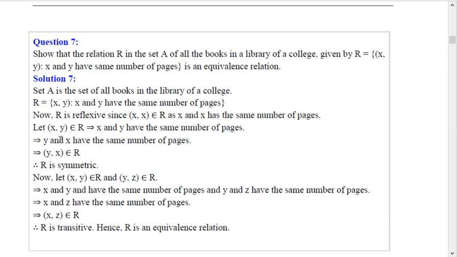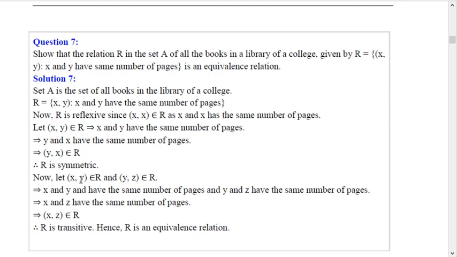Now (y, x) also has the same number of pages, because we only change the position. It is not changed. So (y, x) also exists here, so R is symmetric. Now (x, y) belongs to R and (y, z) belongs to R. It means x and y have an equal number of pages, and so do y and z.